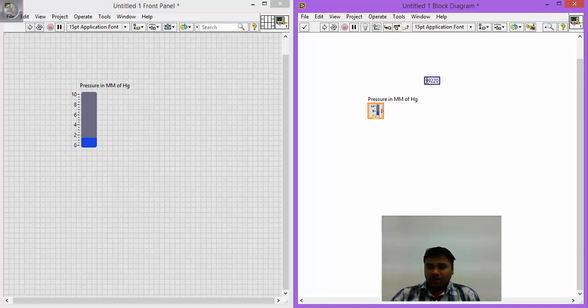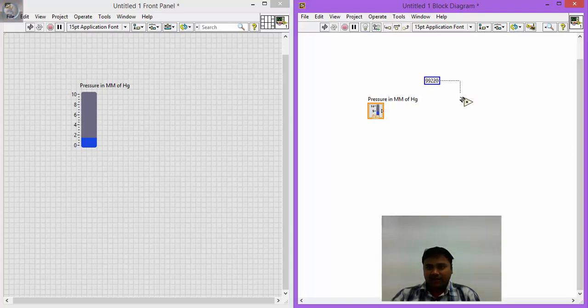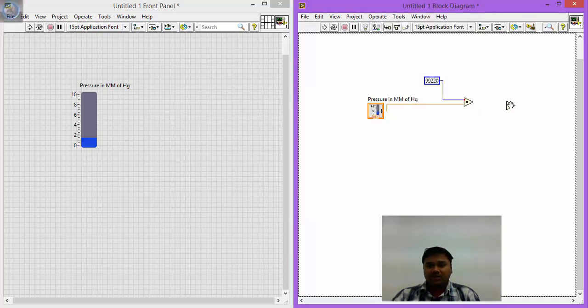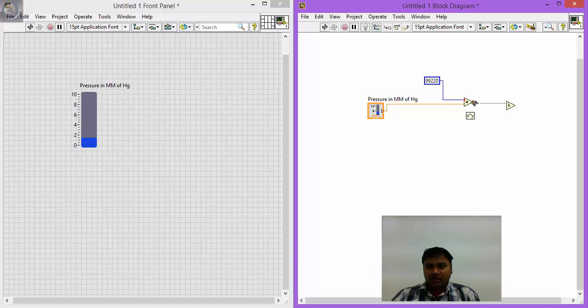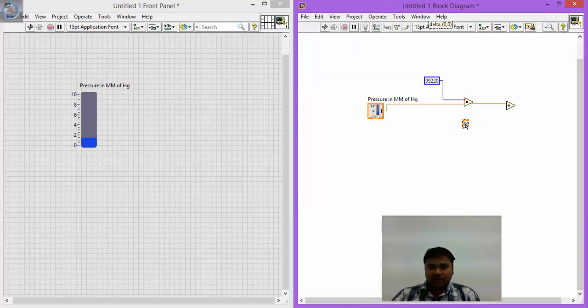I should multiply these two, hence again I should go to right click, numeric, take the multiply function and add a wired connection for these two. Once I take the wired connection, after this I should divide the value by 29.3. Hence I should again right click, numeric, take the divide operator, place it here, connect it here, and you need to right click, go to numeric, take one numeric constant and change it to 29.3 and give it to the divide.